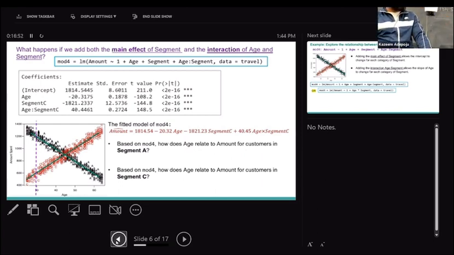How do you arrive at that? You plug in 0 for segment C, anywhere you see segment C. When segment C equals 0, you are referring to segment A. Now, how will you get it for segment C? It means plug in segment C equal to 1.